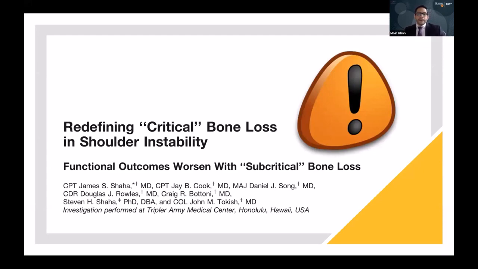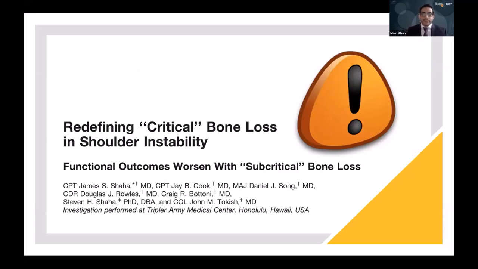And I think an area now that we are increasingly realizing and looking at is the area of what is considered critical bone loss. And traditional cutoffs of 20 to 25% may actually be overestimations, particularly in contact athletes or in military populations.